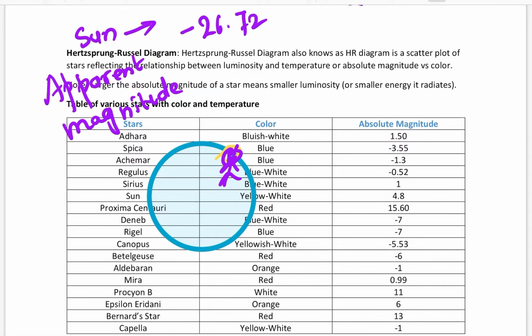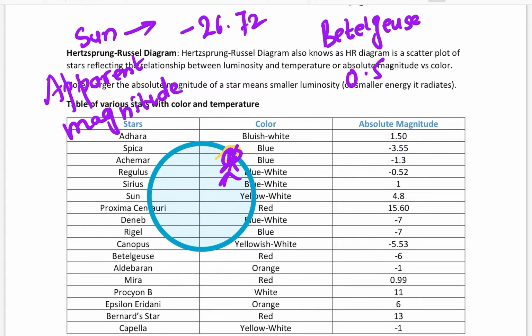And if you look at the same value for Betelgeuse, it is about 0.5. So if you look through a telescope or with our eye, the Sun appears much brighter than Betelgeuse.